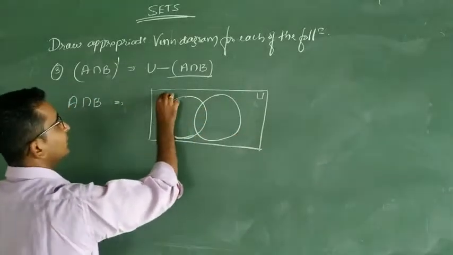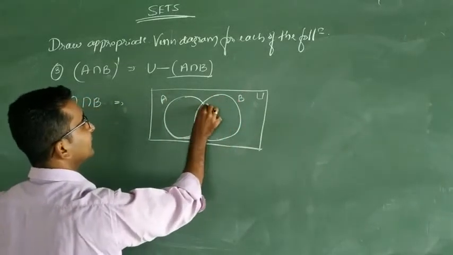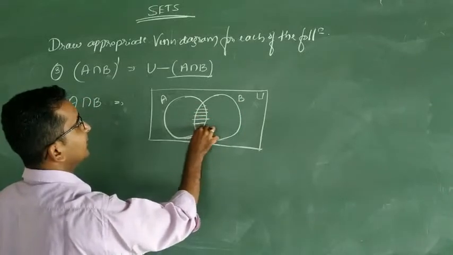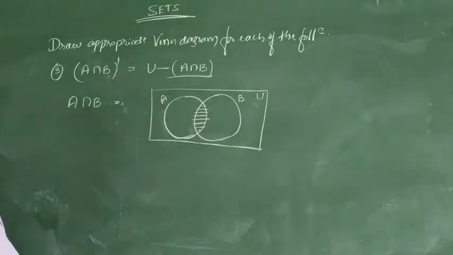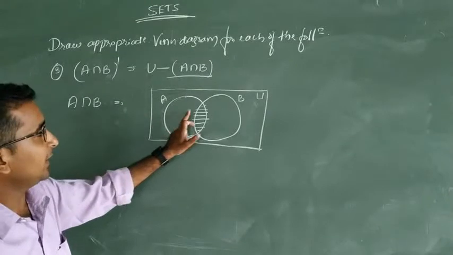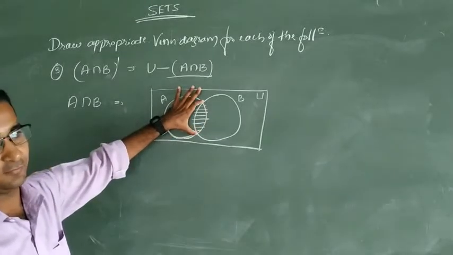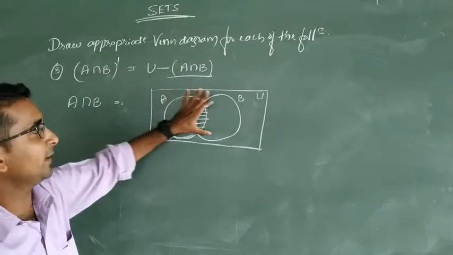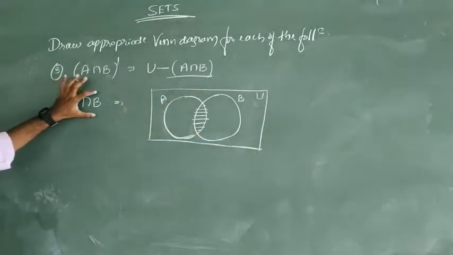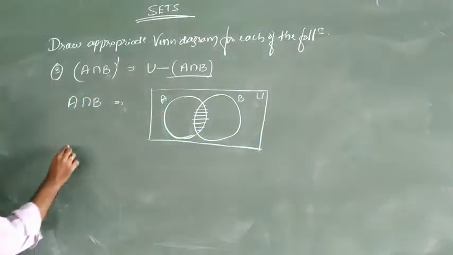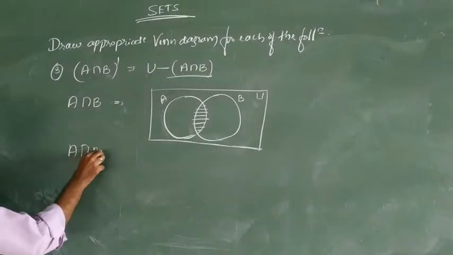The common elements present in A and B, this is what? The common elements of A and B is nothing but A intersection B. What is A intersection B?